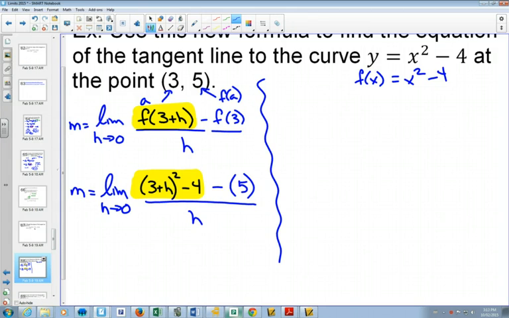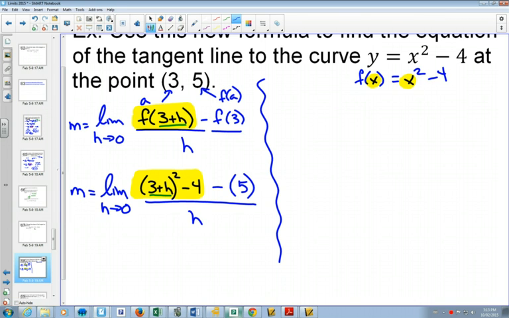I've replaced, right? Here's where my x is, here's where my x is. So I've replaced the x with 3 plus h. So in x squared minus 4, I have to replace the x with 3 plus h. So that's reviewing your function stuff.